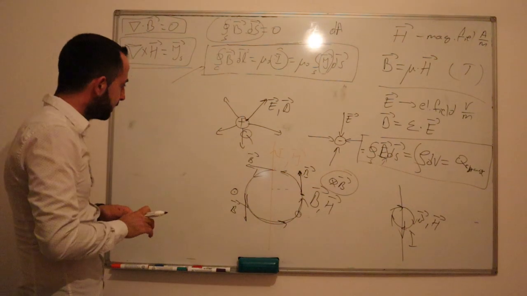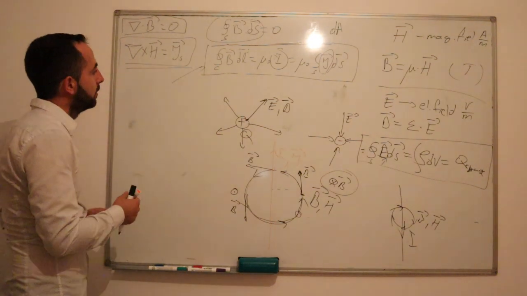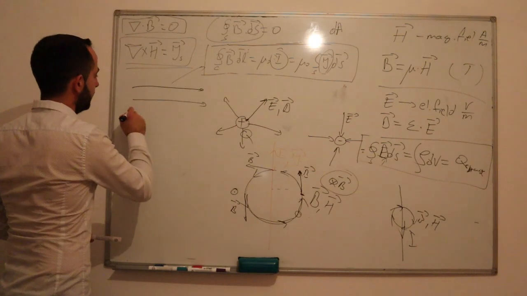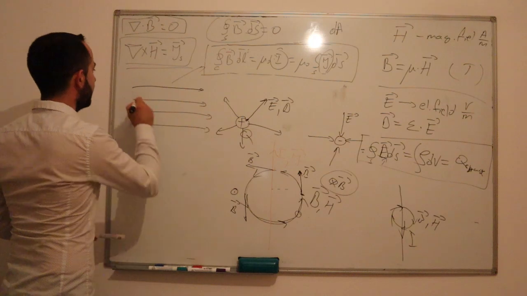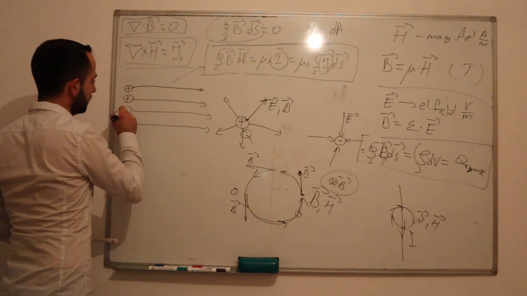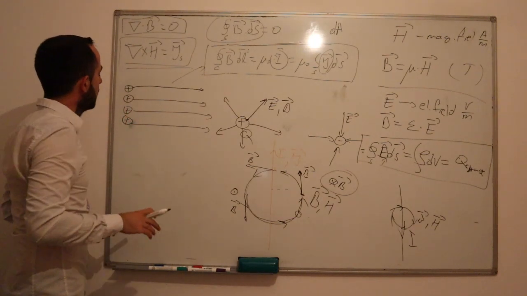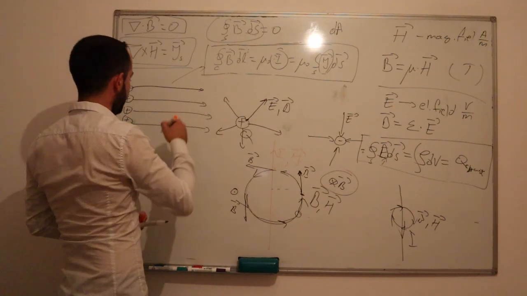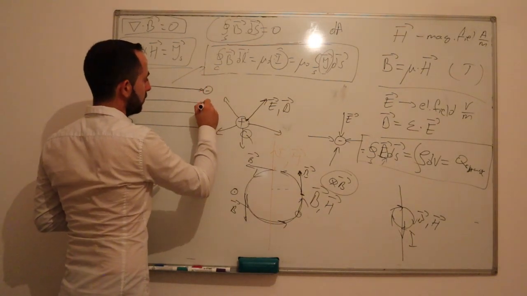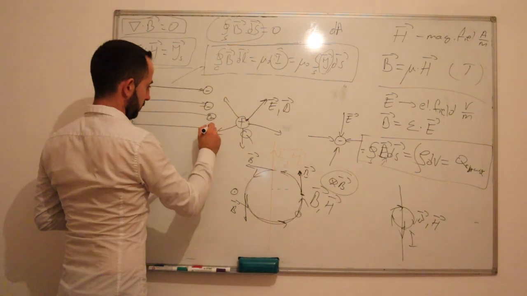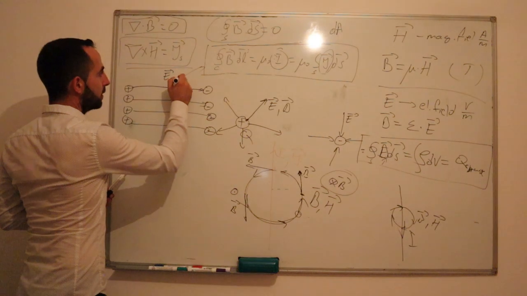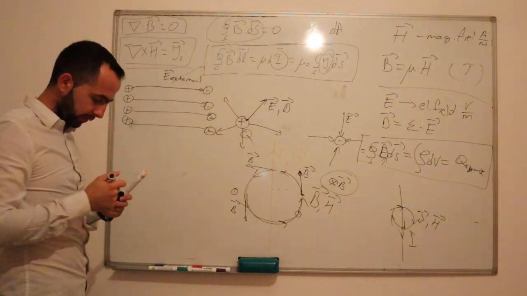We know that if I have an external electrical field, let's say I draw it like this, I have positive charges here, and I'm making a constant electrical field. These are the negative charges. So it will create an external electric field.